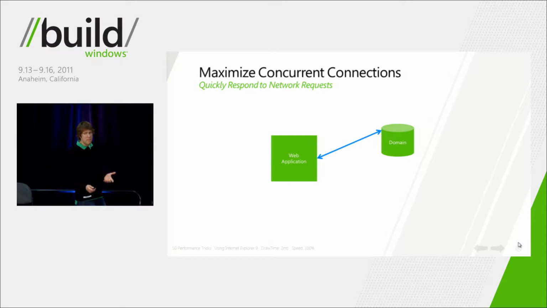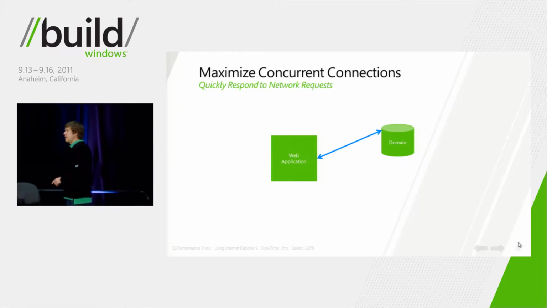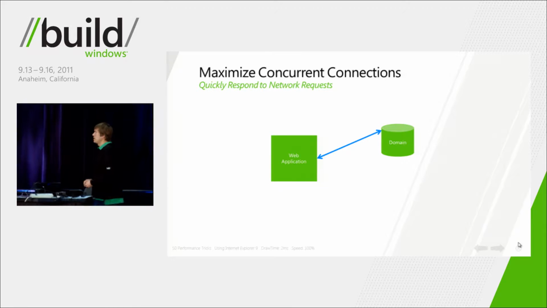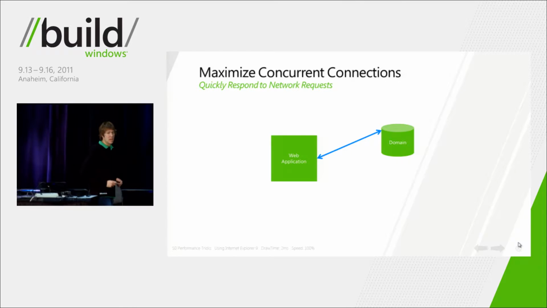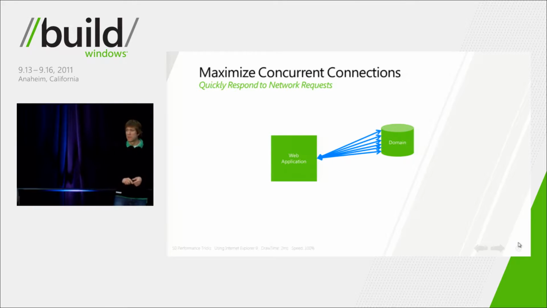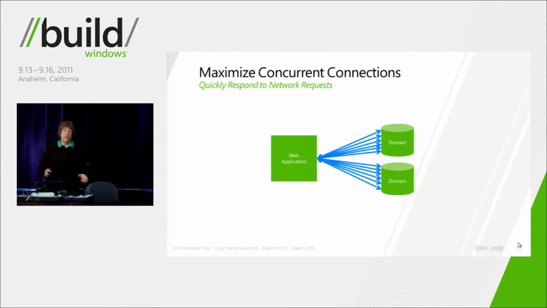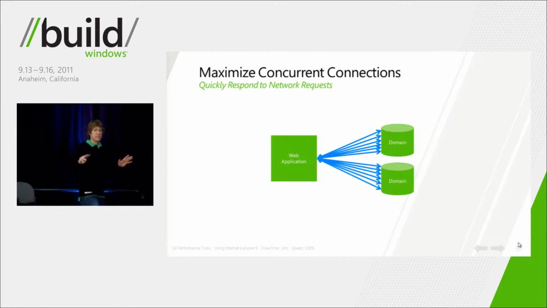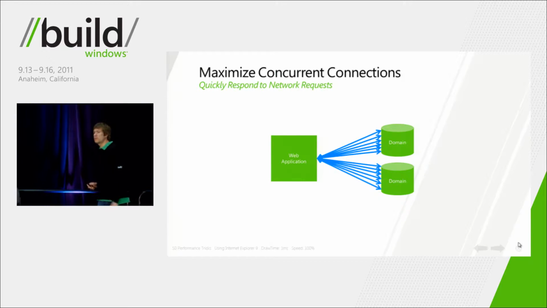You want to maximize your concurrent connections. When people think about networking, they often think about one pipeline going to an individual server, just round-tripping data between the client and server. But browsers can make 6 concurrent connections to a server and will download that content in parallel. Browsers actually do that on a per-domain basis. So if you distribute your content across multiple domains, you'll be able to download 12 or 18 or 24 resources in parallel.